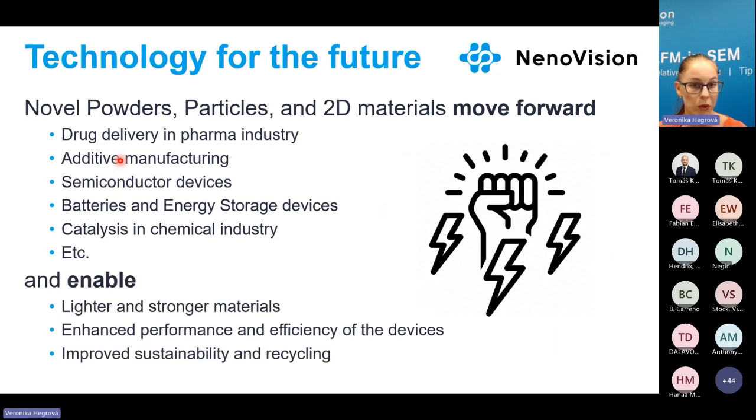And so why do we study it? Because afterwards it enables us to have lighter or stronger materials, or enhance the performance and efficiency of the devices which we already have.